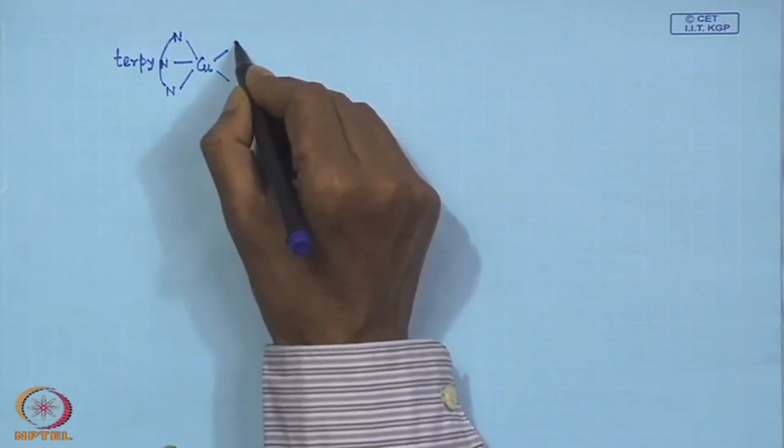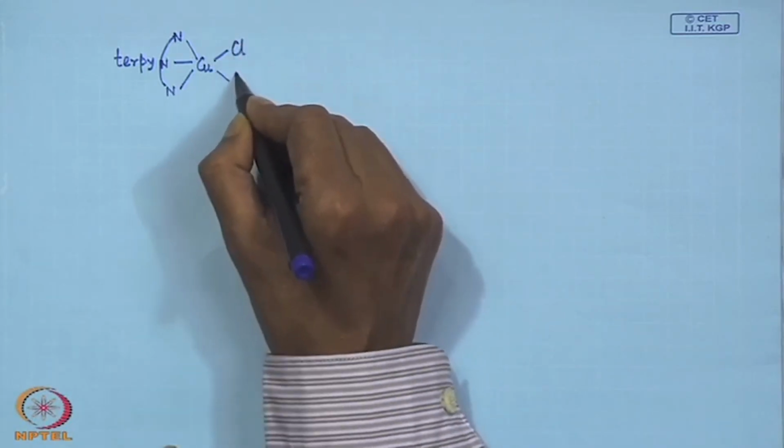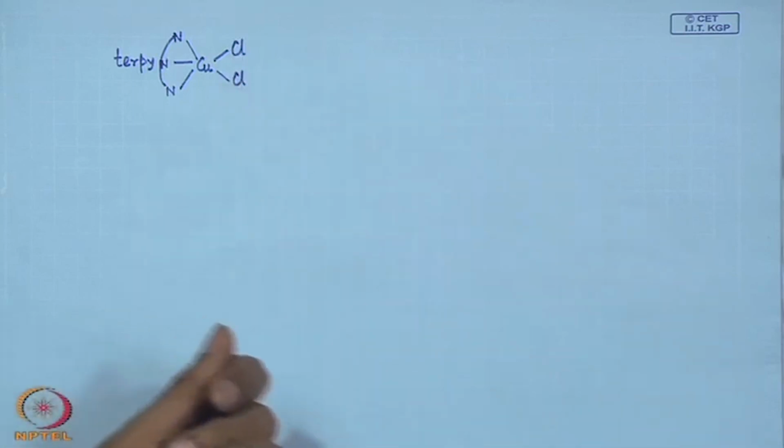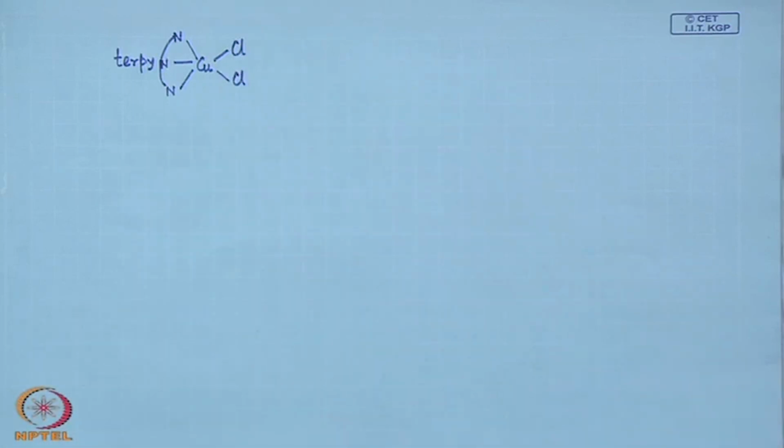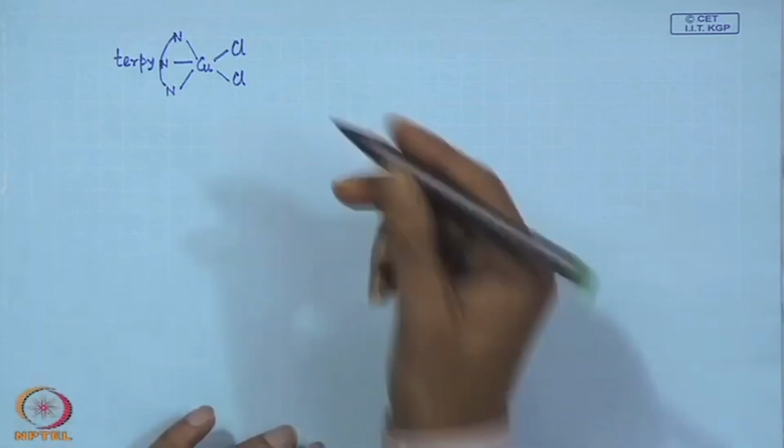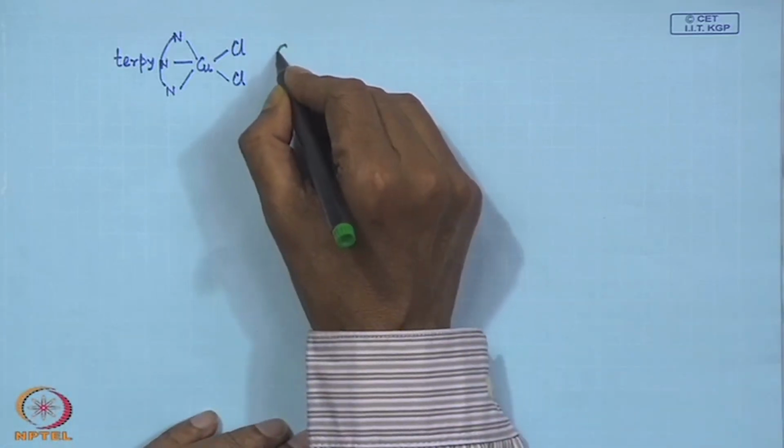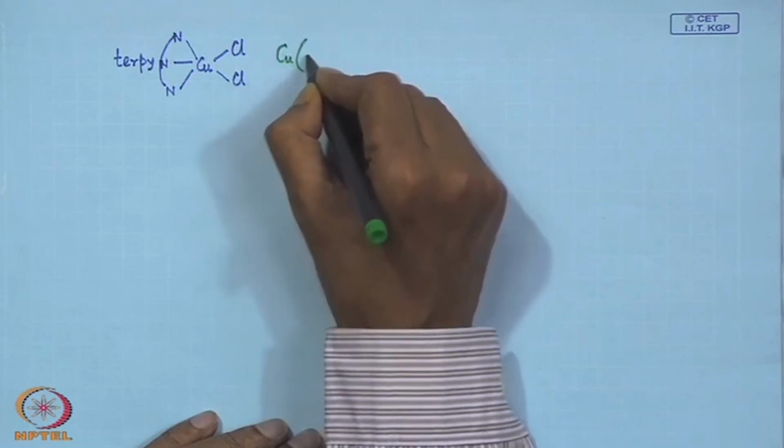And if the charge is satisfied by 2 chloride binding, it would be the corresponding copper terpyridyl Cl2 molecule.